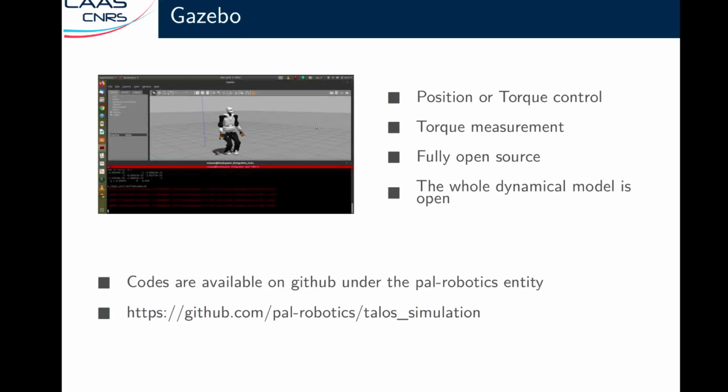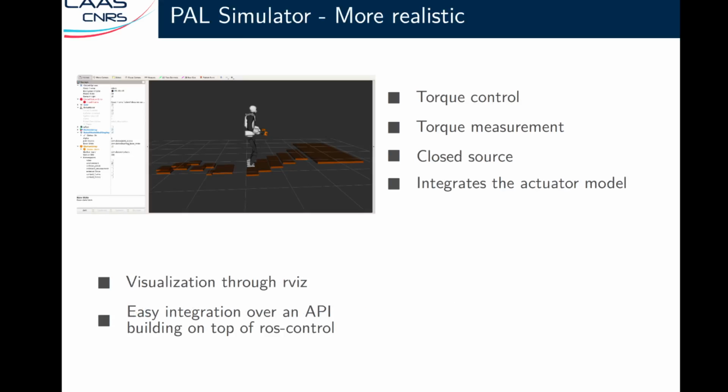All the code is available on GitHub under the PAL Robotics entity, and you have the links here on the bottom. There is also another simulator which is available at LAAS and provided by PAL Robotics, which is much more realistic. It provides you torque control and torque measurement, but it is closed source.